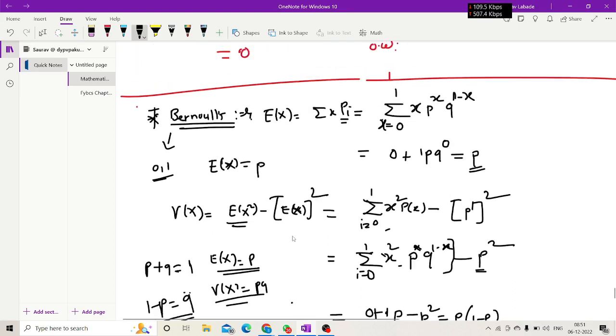Remember that in the examination, they will ask only to state the mean and variance. There is no need to solve this, the summation of p raised to x, and do the calculations. They will only ask you to state the mean of this distribution and state the variance of this particular distribution.